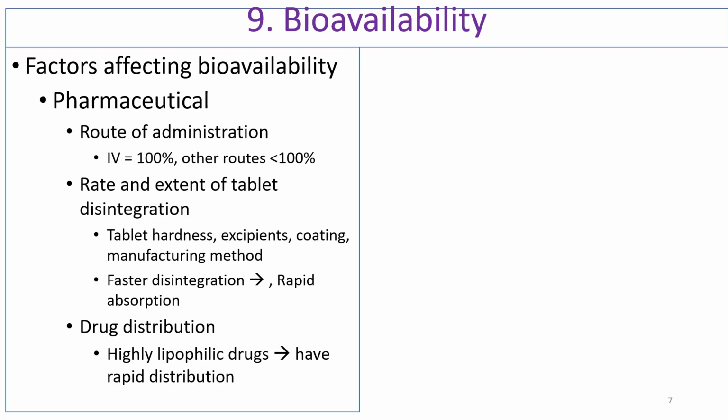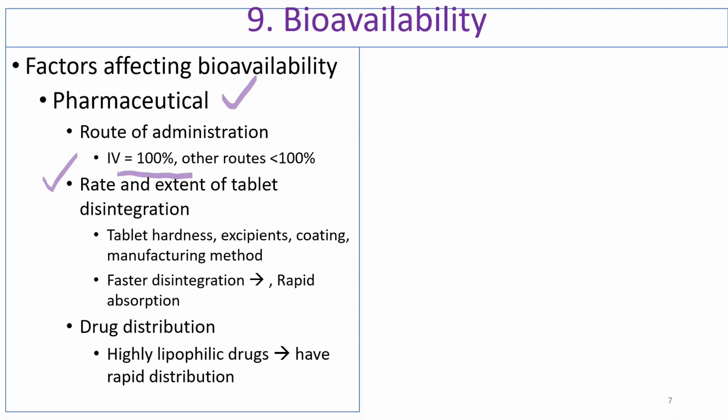Next, what are the factors affecting bioavailability? The first one is pharmaceutical, which means the route of administration. We know IV route is 100%, and also the rate and extent matter, because for oral forms, the tablets and capsules have different types of disintegration.